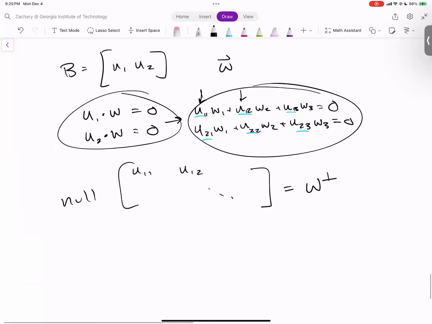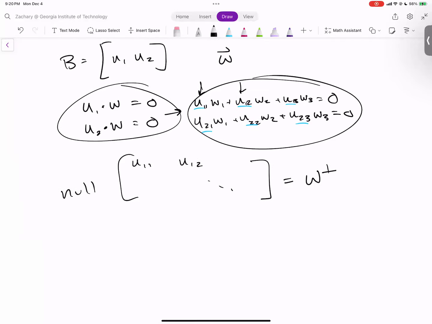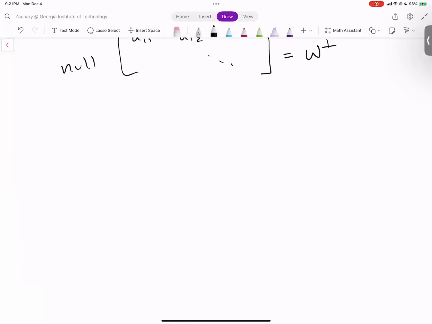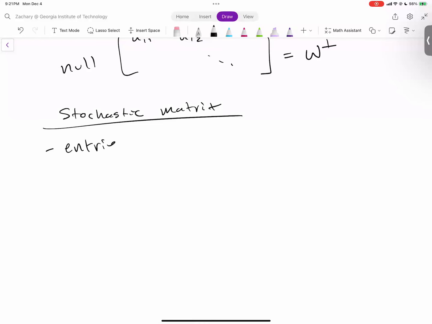Steady state vectors. To talk about it, we have to talk about stochastic matrices. Stochastic matrices are just using linear algebra for statistics, which is very commonly done. So, some facts about stochastic matrices. Every entry equals probabilities, in decimal.